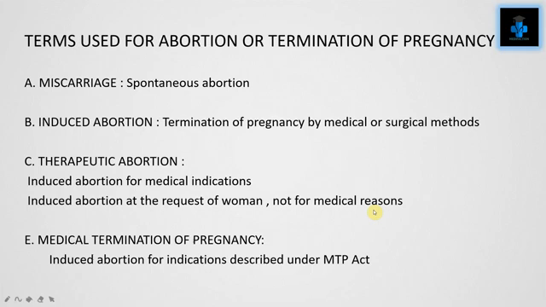Then we have therapeutic abortion, which may be either induced abortion for medical indications or induced abortion at the request of women not for medical reasons. Then we have medical termination of pregnancy, induced abortion for indications described under the Medical Termination of Pregnancy Act implemented in 1971.